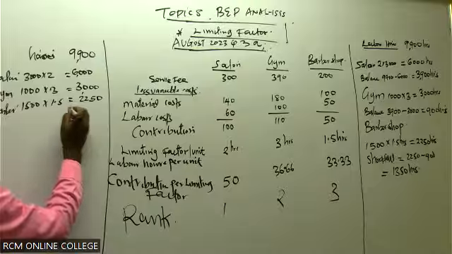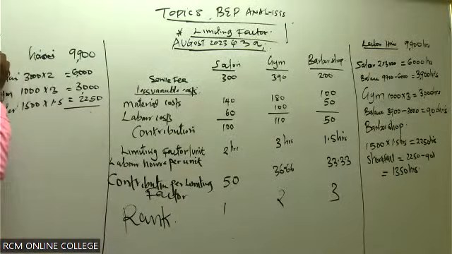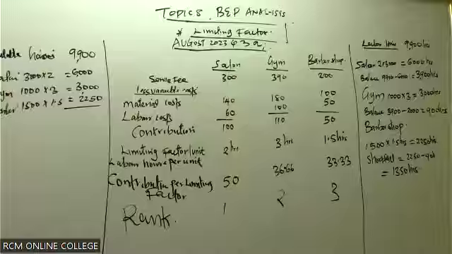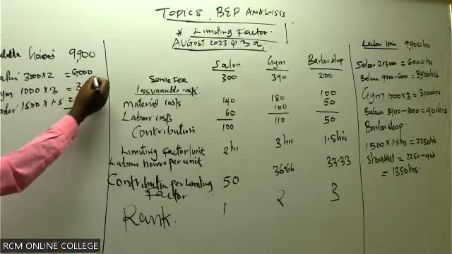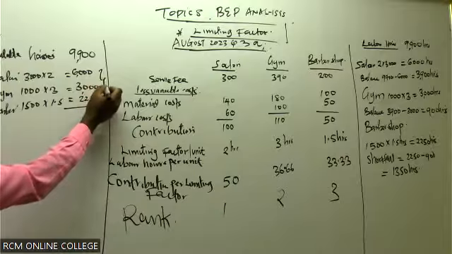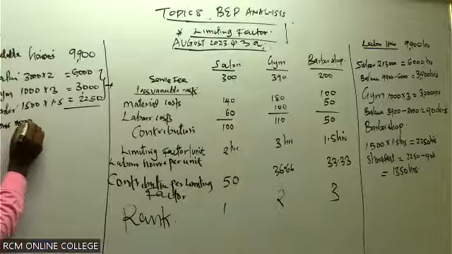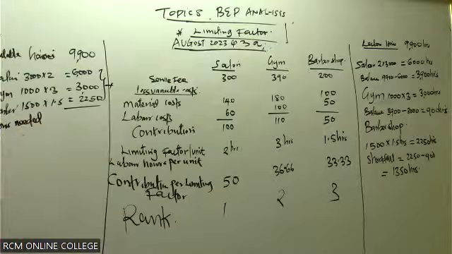So the total hours needed or available hours, then we have hours needed. So the hours needed, we basically add these ones here. Ukiongeza utakuwa na ngapi total? Hours needed, then you give us deficit or surplus.